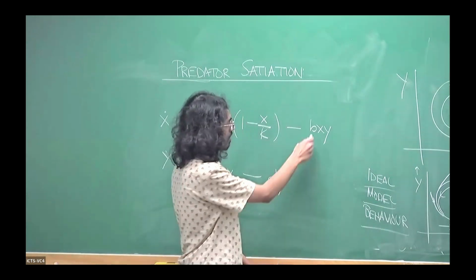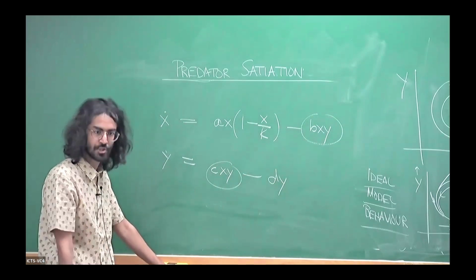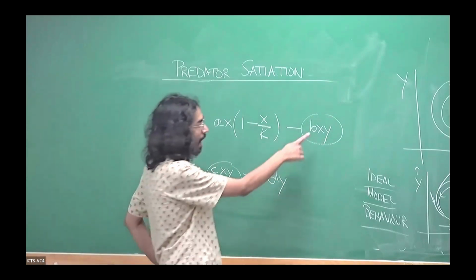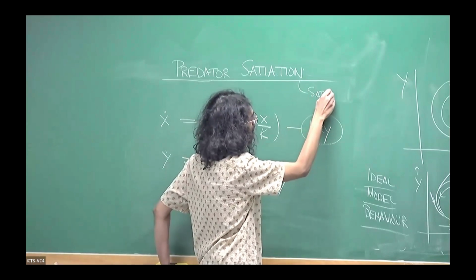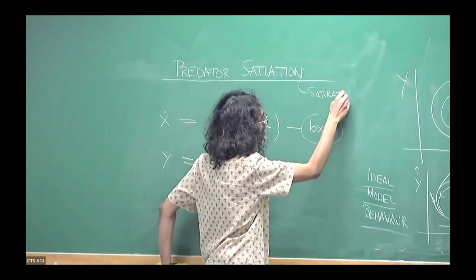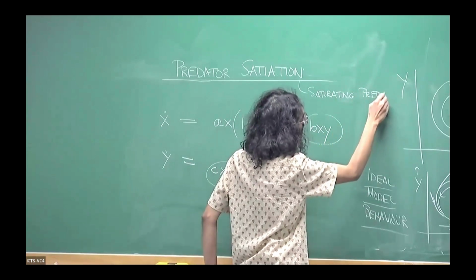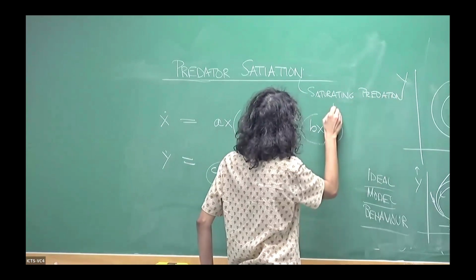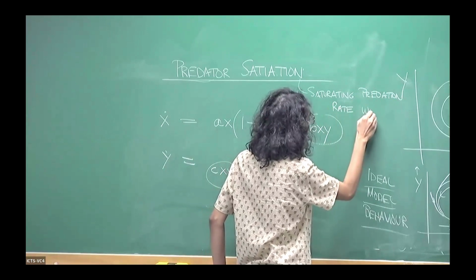So you want this term, and consequently this term, to saturate in the limit of large X. You want a saturating predation rate when X is large.